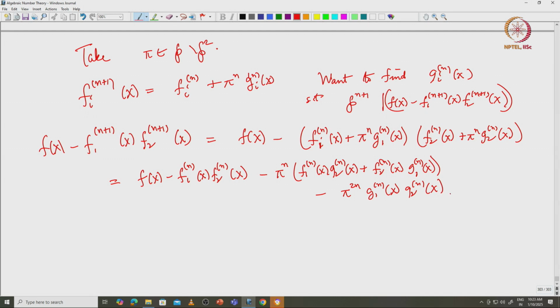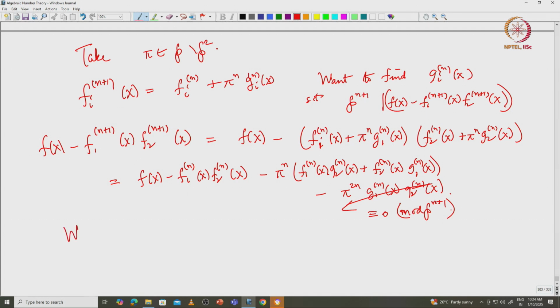So, as before, as in the special case, this last term is irrelevant if we want to look at things mod p to the n plus 1. So, this is already 0 modulo p to the n plus 1. So, that term is irrelevant. So, I just wrote it in the wrong order. This should be congruent to 0 mod p to the n plus 1. Okay. All right.